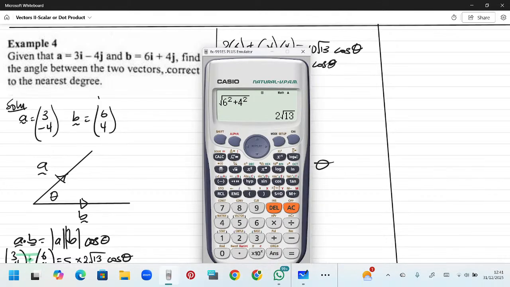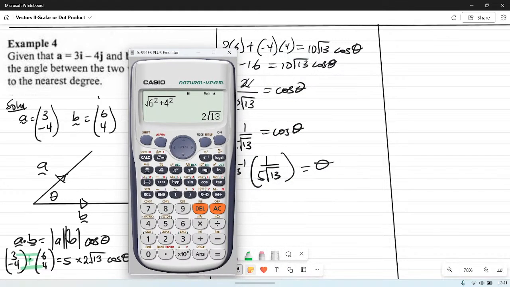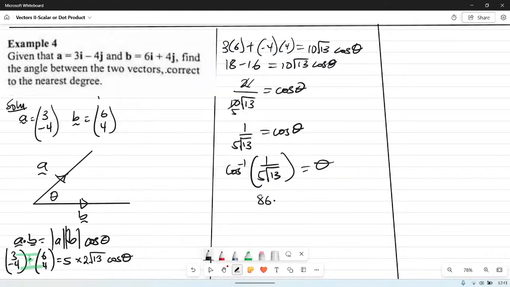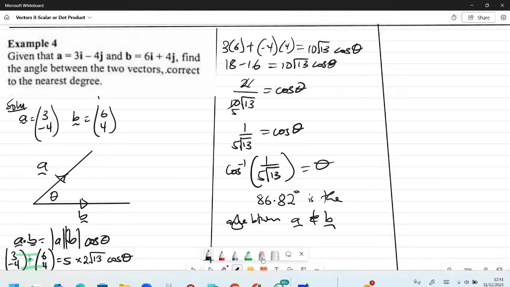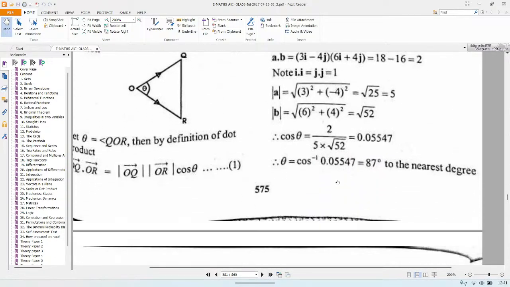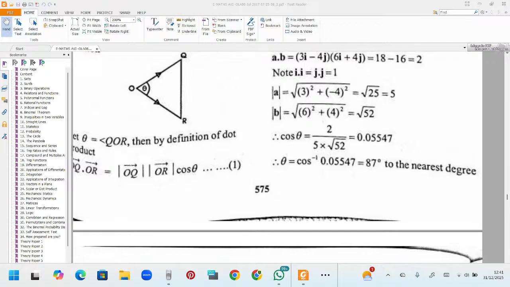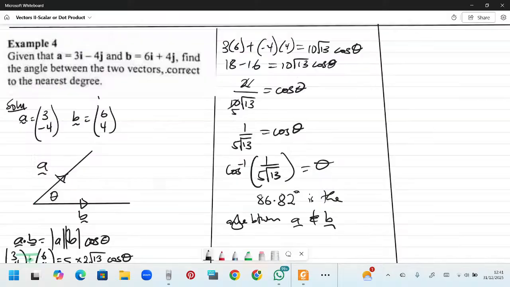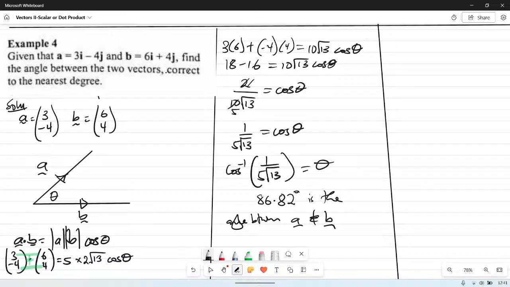Cos inverse of that. Let's go and check if we're on the right path. Yes, 87 degrees. Okay, that's fine. So I hope you are getting it.